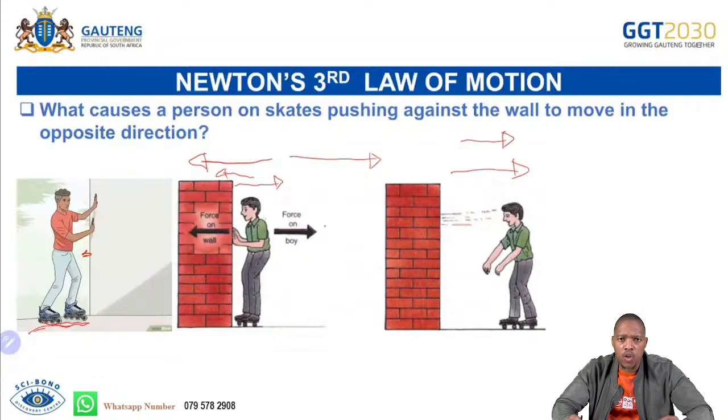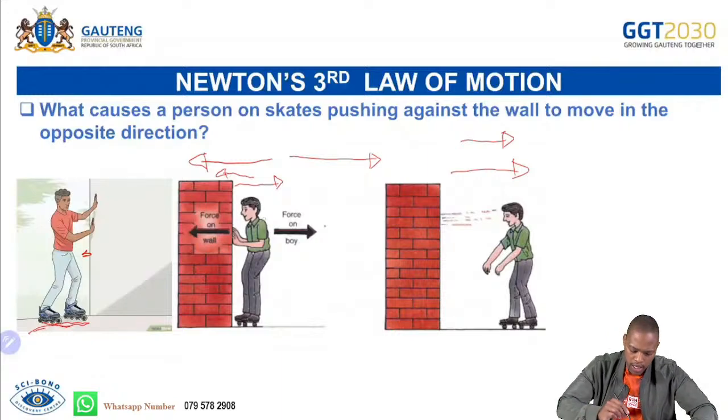So Newton's third law tells us that every time an object exerts a force on another object, the other object will also exert the same force. So of equal magnitude, it must be equal in terms of size, but it will be in the opposite direction. This is the reason why the guy pushing against the wall moves in the opposite direction.